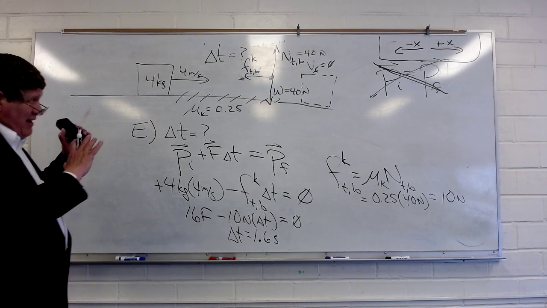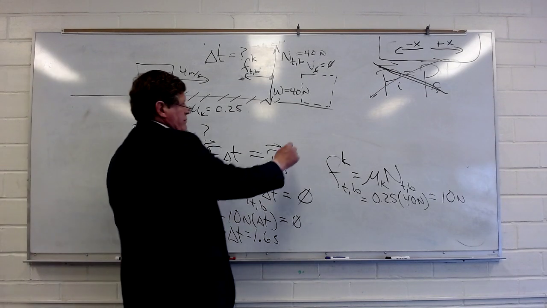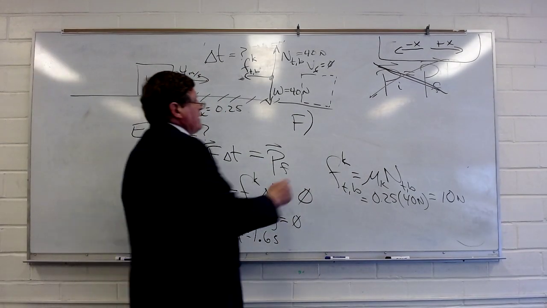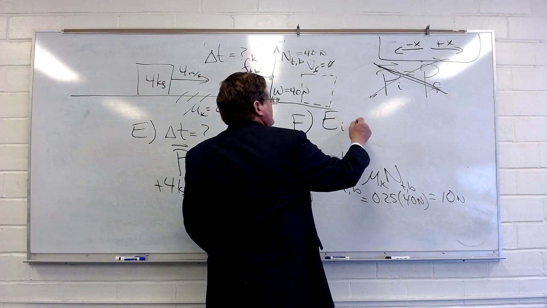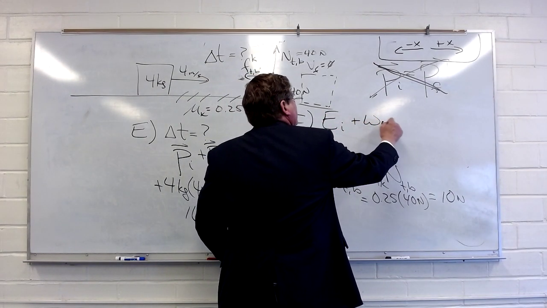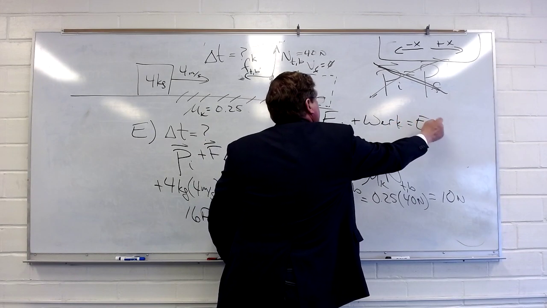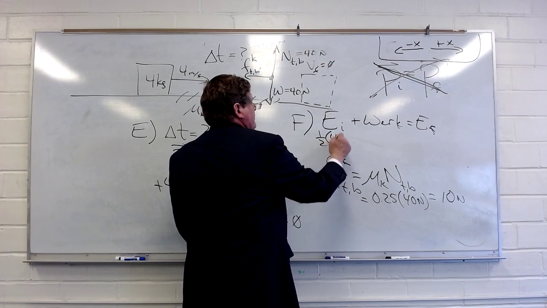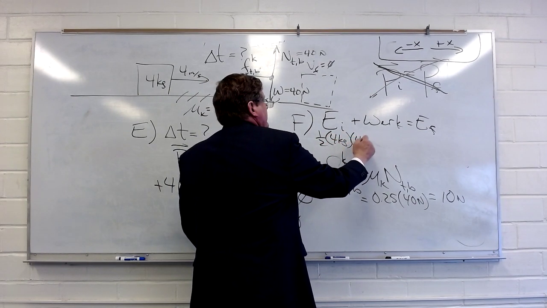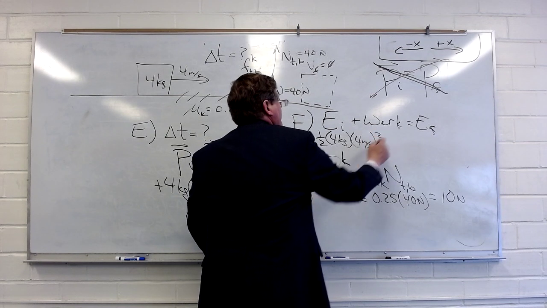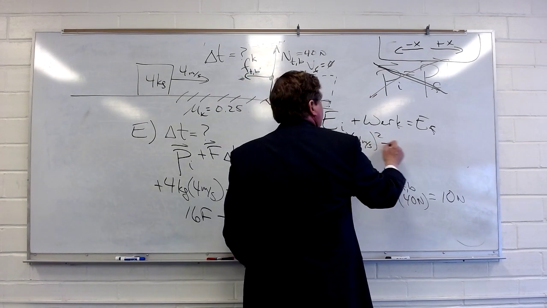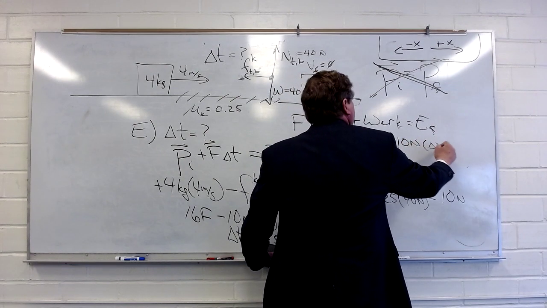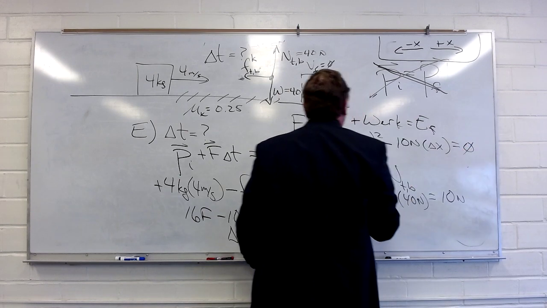If I had asked, how far does it travel? This would be part F, which is not actually part of this problem. Then I would use this equation. Energy initial plus Wnc is equal to energy final. My initial energy would be 1/2 times the mass of the big block times its speed squared. This would be negative work by the friction force, 10 newtons, times the distance, and that would equal 0.